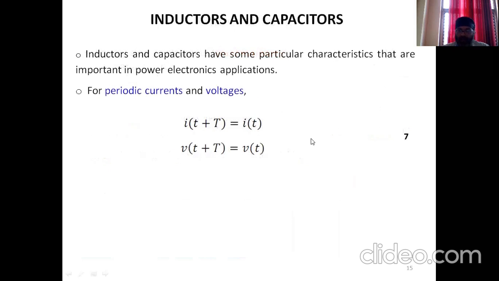Again, we are dealing with periodic signals, and we know that the current i(t) at a particular instant t is the same as the current at that instant plus one complete time period, because it is periodic in nature. The same happens for voltage.